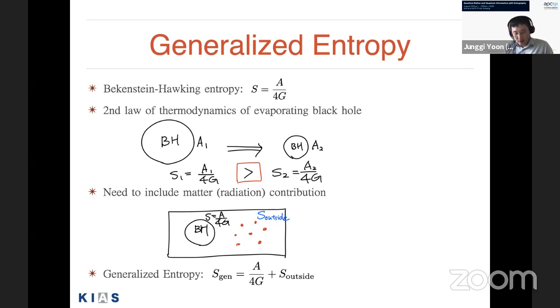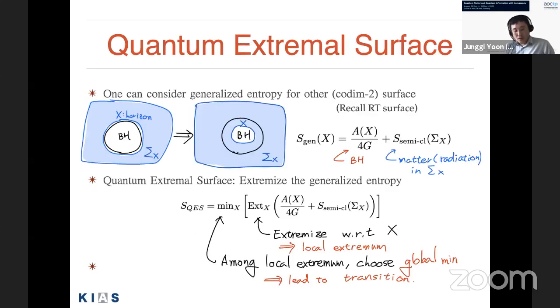So for this, we define generalized entropy, which includes the entropy of the black hole, as well as entropy coming from the radiation and some other matter. And we can also generalize this generalized entropy by using other co-dimension 2 surfaces, which means that when we talk about black hole entropy, we choose the horizon as a co-dimension 2 surface.